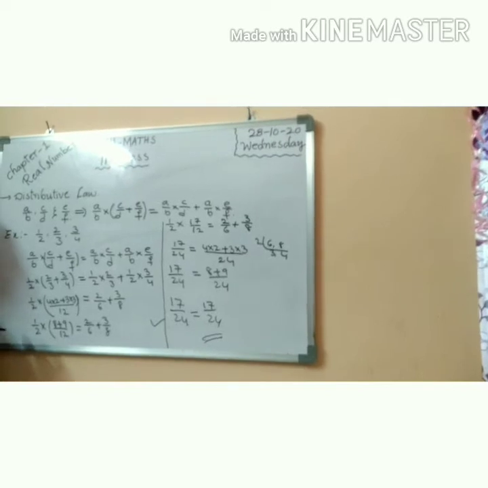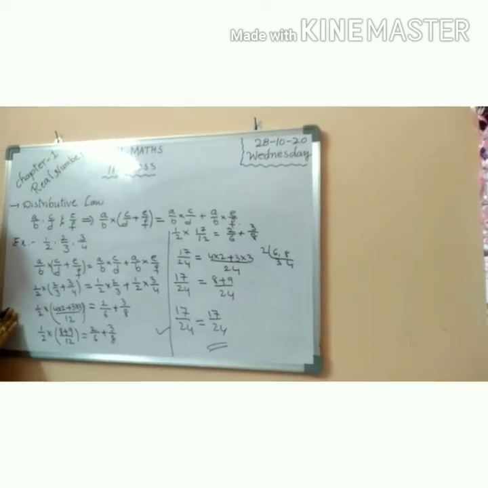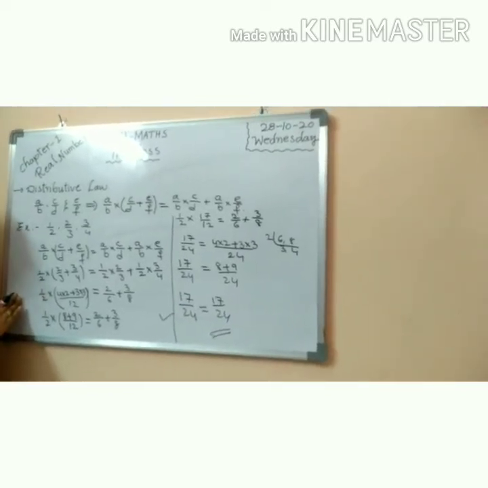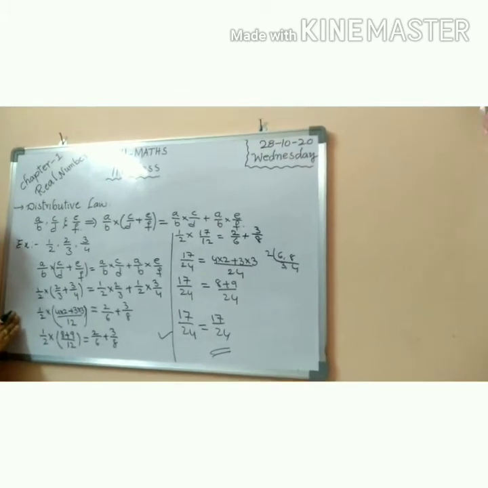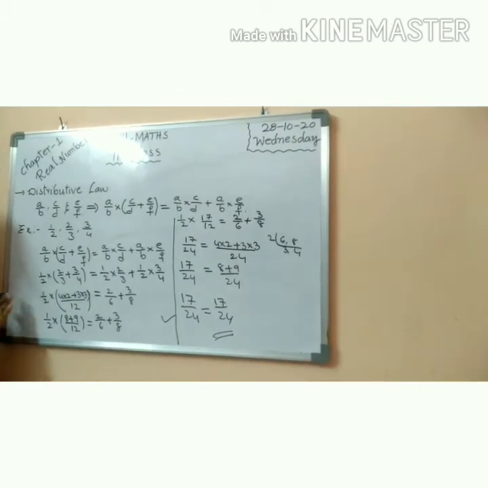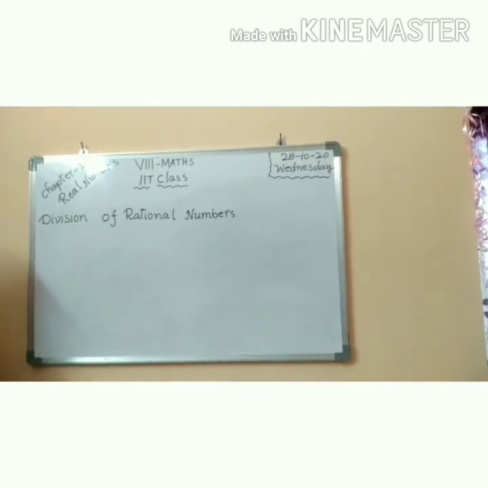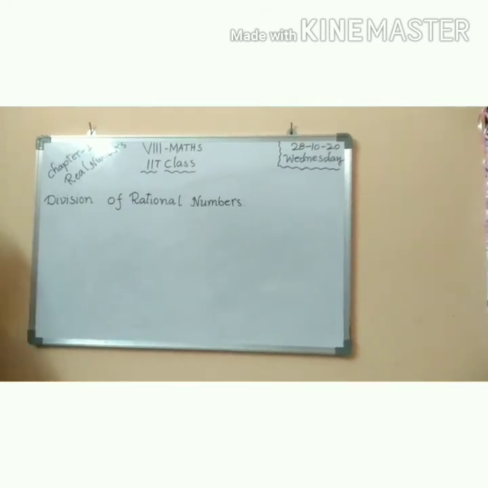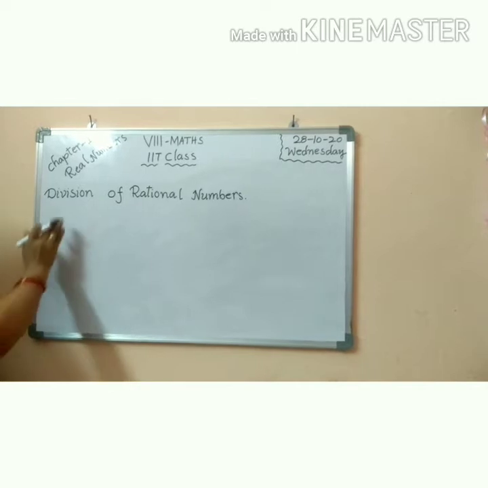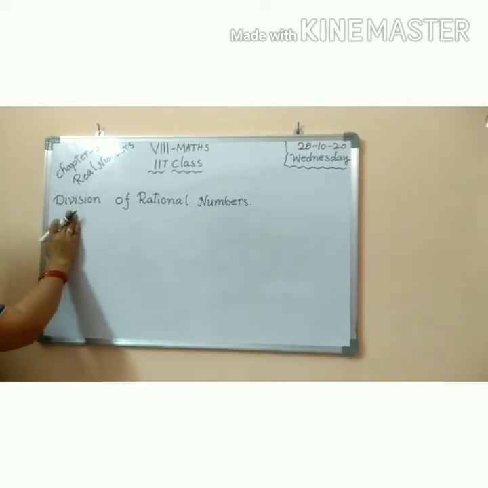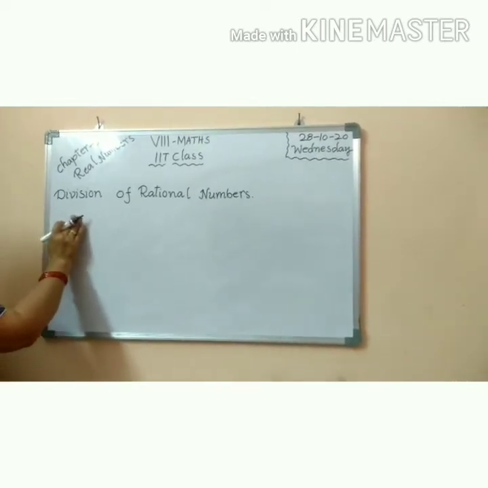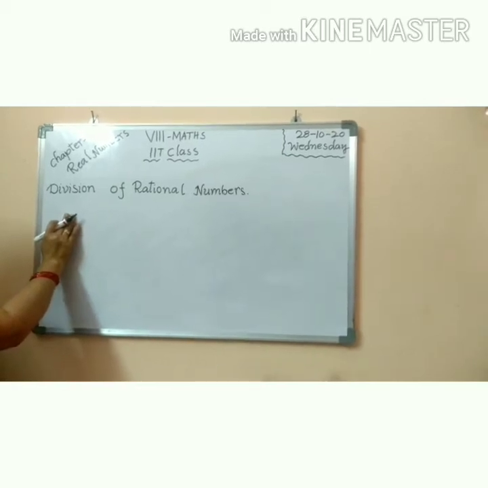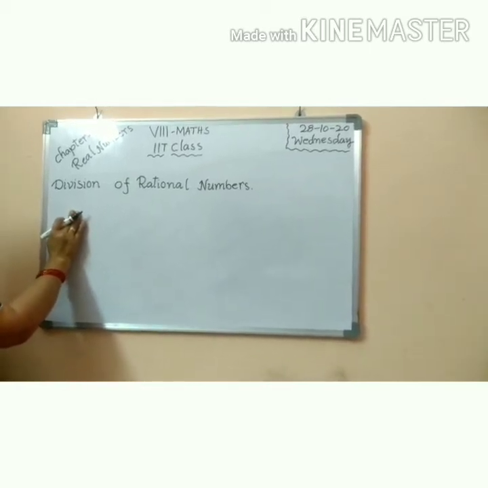Did you understand children? Next is division of rational numbers. Addition, subtraction and multiplication are completed. This is the last topic of rational numbers.